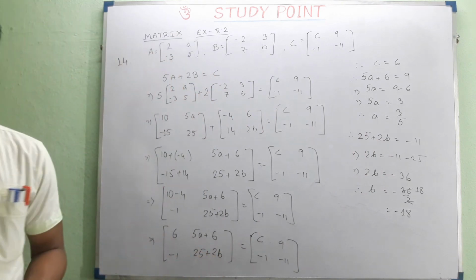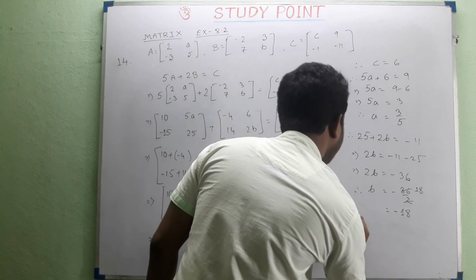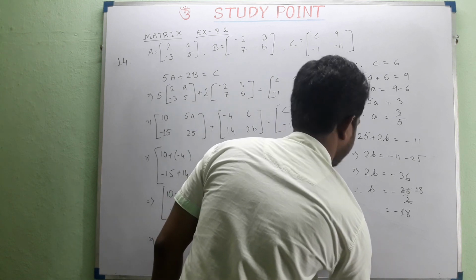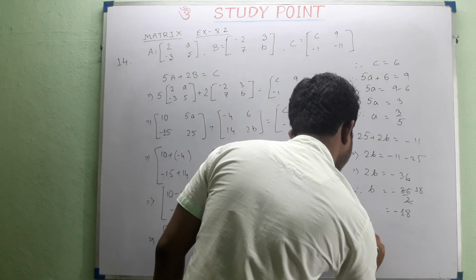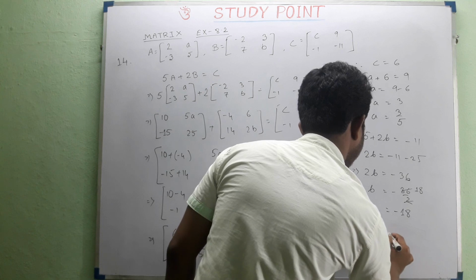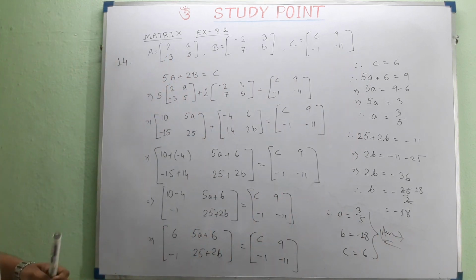This is the answer. So, therefore the value of a is 3 by 5, b is minus 18 and c is 6, and this is the answer. And now we have already finished exercise 8.2.